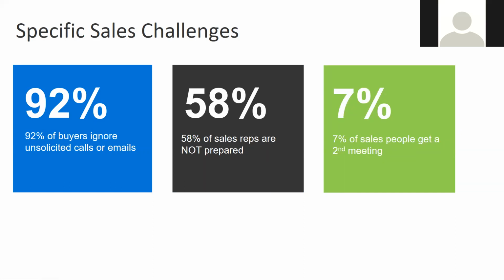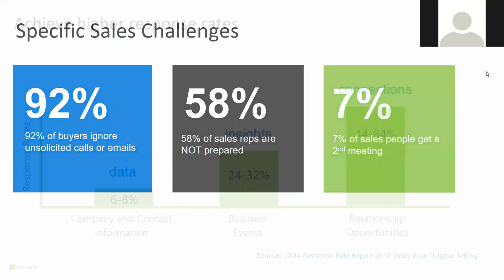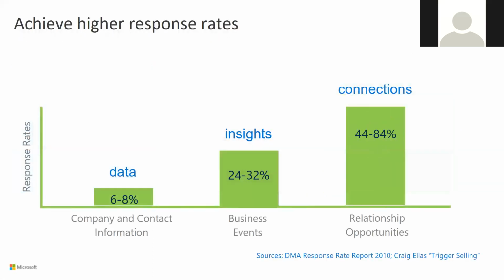The previous days of volume-based emails and cold calling are over. For sales and marketing people to be successful, they have to adopt a more targeted, tactical approach. In his book, Trigger Selling, Craig Elias says if you augment your customer information with additional data, you increase your chances of getting a response by 68%.